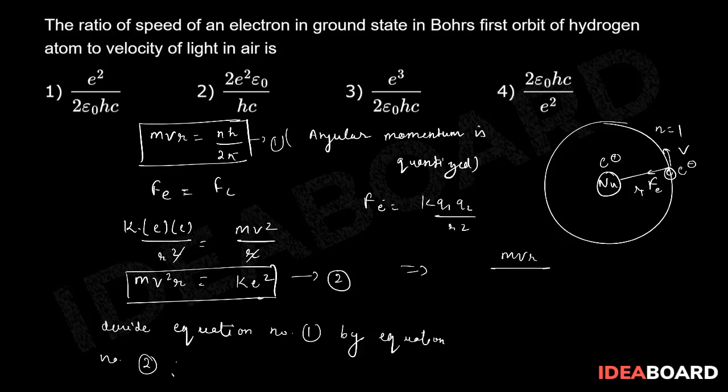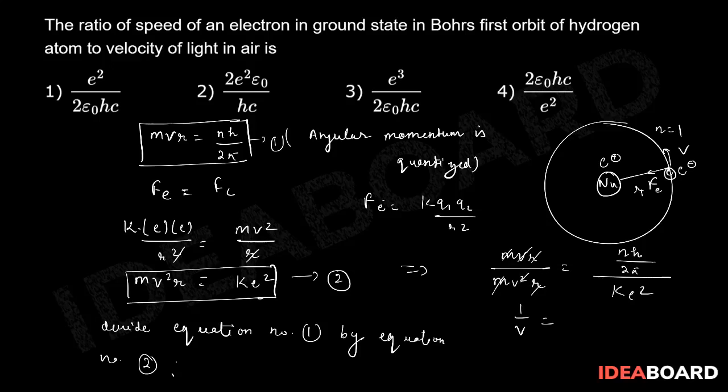So if I do that, I get mvr upon mv square upon R is equal to nh upon 2 pi divided by K e square. Perfect. So you see m and r are cancelled out, this v will cancel out this one.